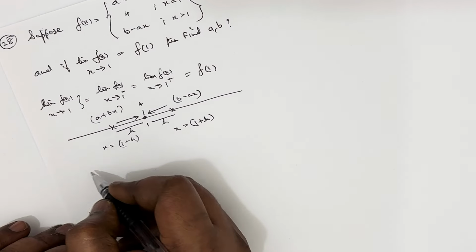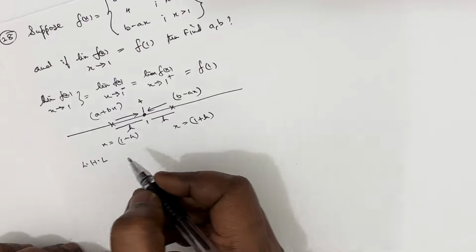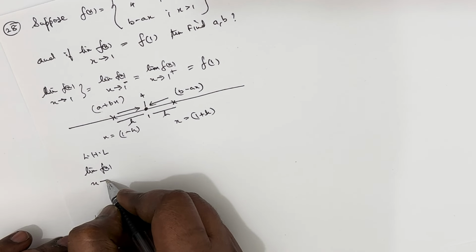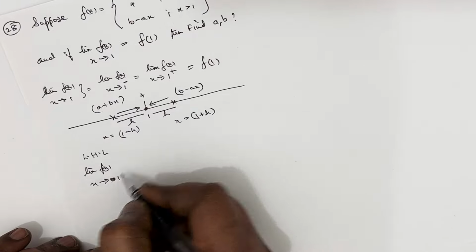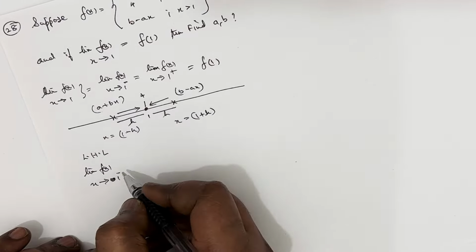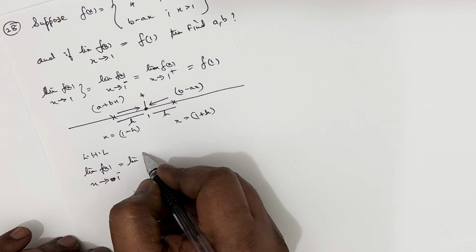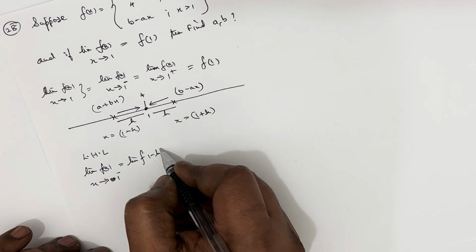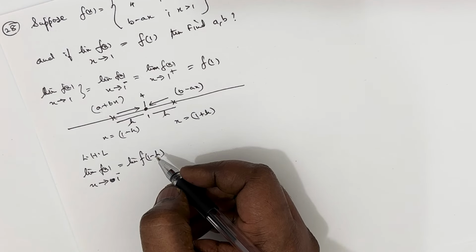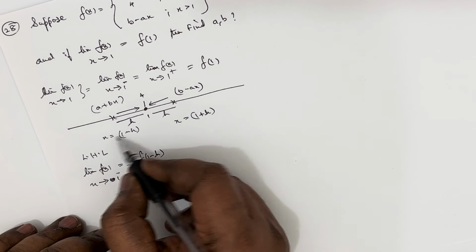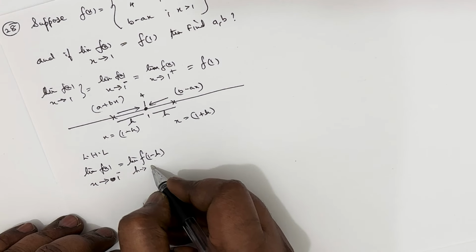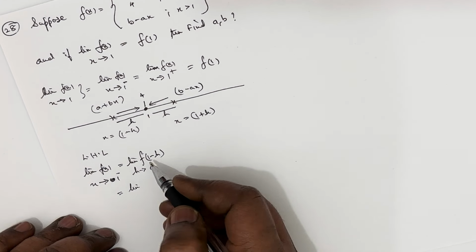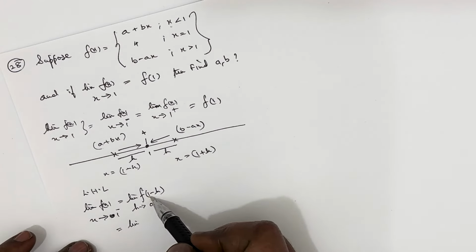Now the left hand limit will be the limit of the function as x approaches 1 from the left hand side, which is equal to the limit of the function when, instead of x, we write 1 minus h, where h tends to 0. In the function we replace x with 1 minus h.